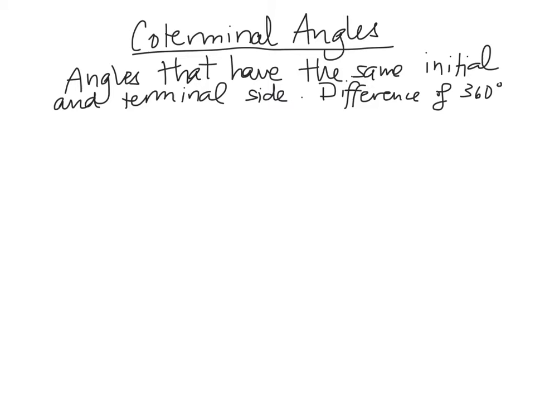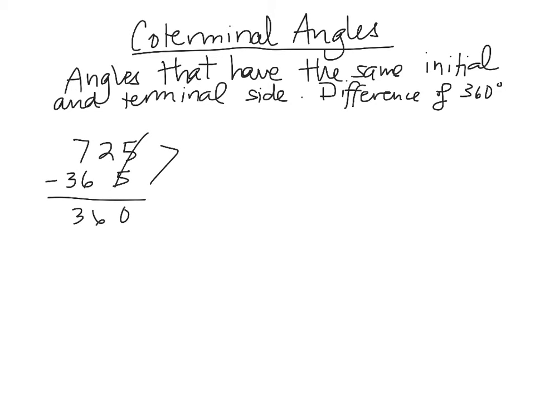Coterminal angles are angles that have the same initial and terminal side, and they have a difference of 360. So let's say I have 725 degrees and 365 degrees. If I subtract these two, 72 minus 36, you get 360.